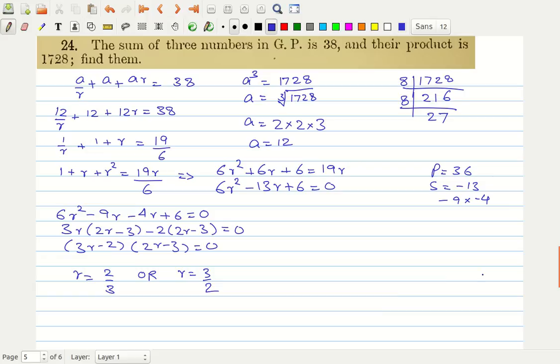So our geometric progression or the three numbers are going to be 12 if I take this value of R. So this becomes 12 times 3 by 2, that is 18.